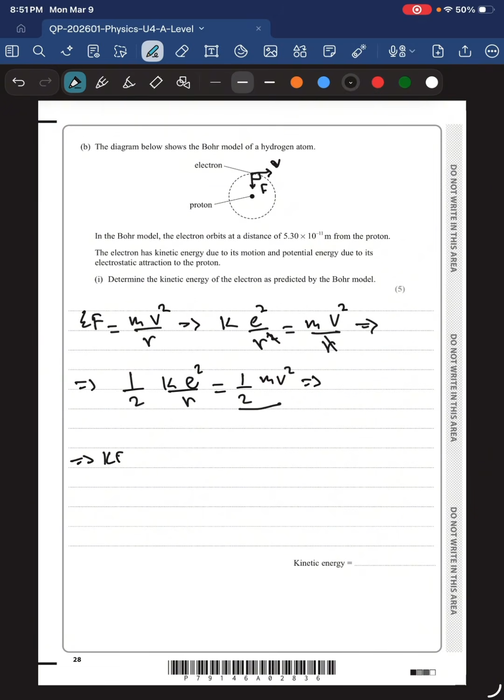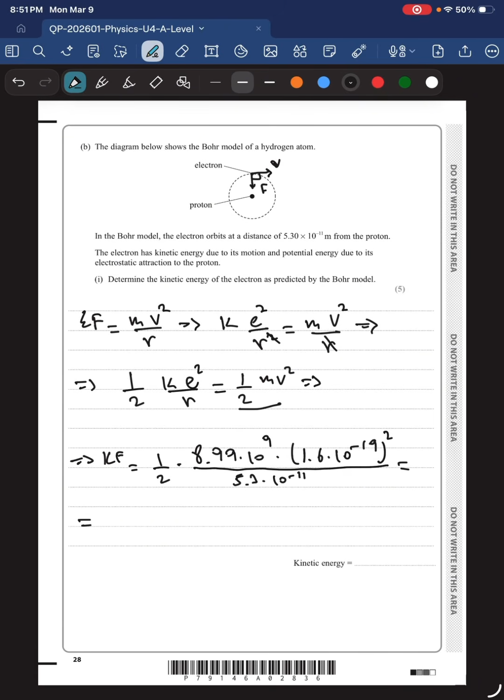So KE is 1/2 times k, which is 8.99 times 10 to the 9, and then e is 1.6 times 10 to the negative 19 squared, and then r is what they give us, 5.3 times 10 to the negative 11.